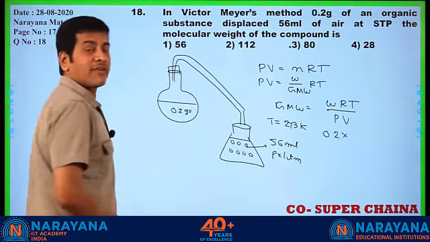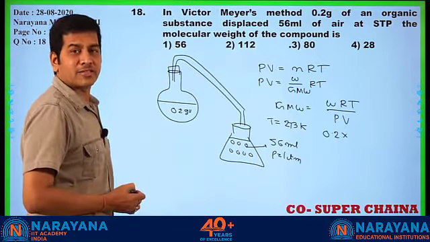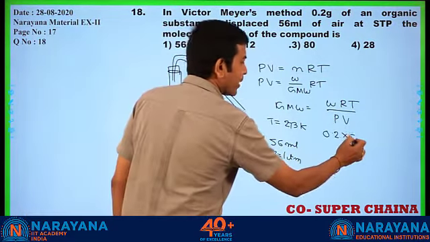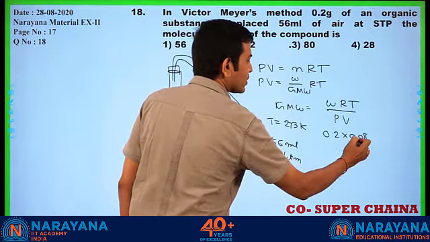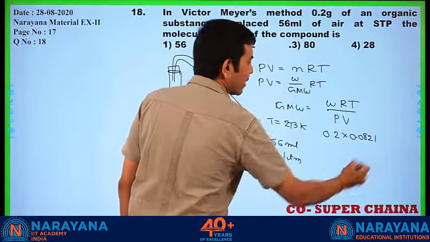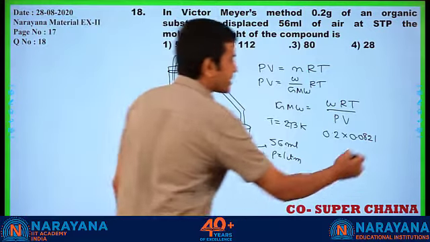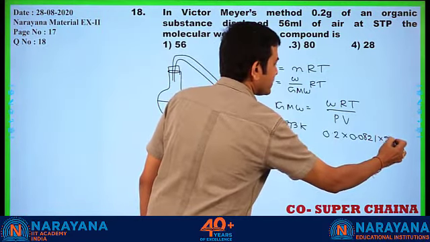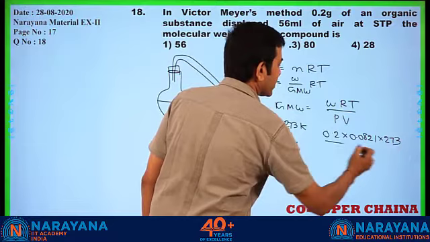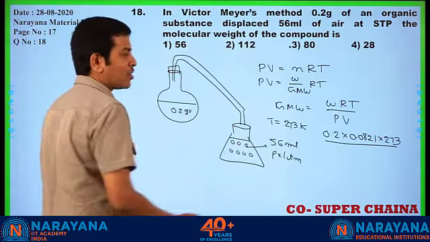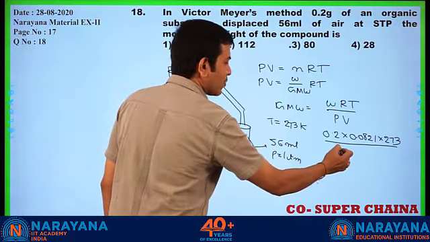The R value in liter atmospheres is 0.0821. Temperature T is 273, divided by pressure, which is 1 atm.